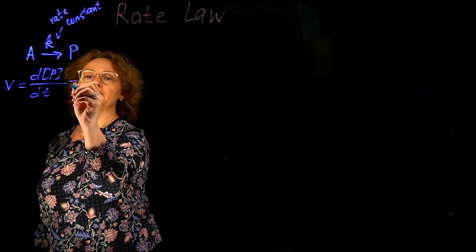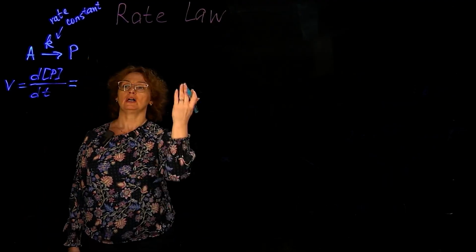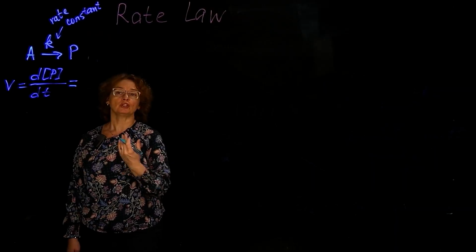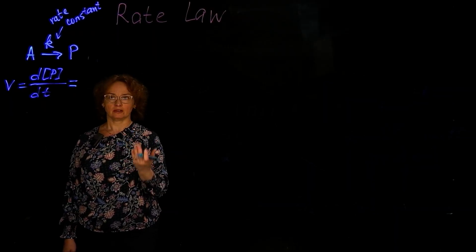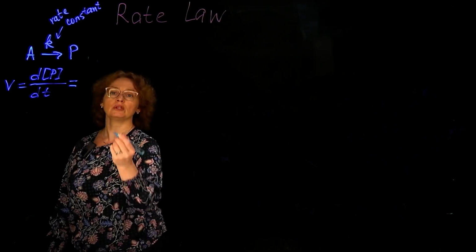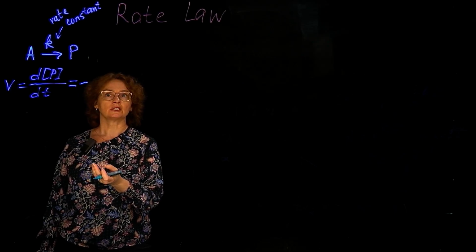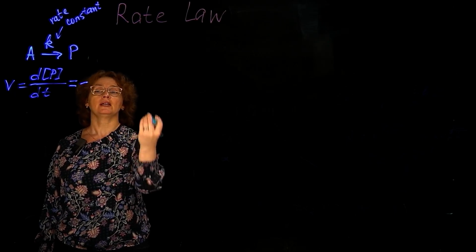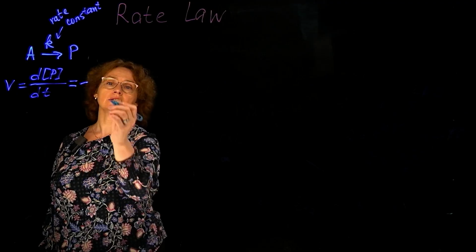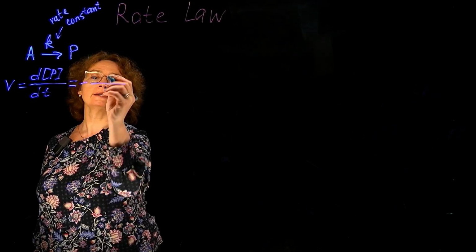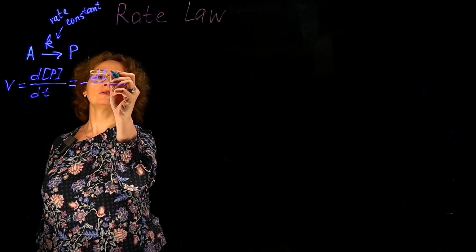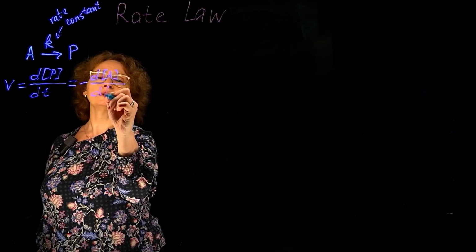So the velocity of reactant consumption should be the same as the velocity of product accumulation, but with a negative sign, because product concentration increases over time and reactant concentration decreases. So it will be equal to minus the change in the reactant concentration over time.